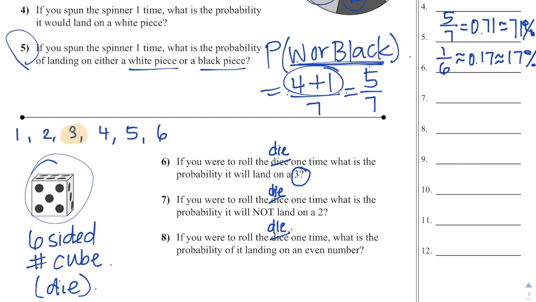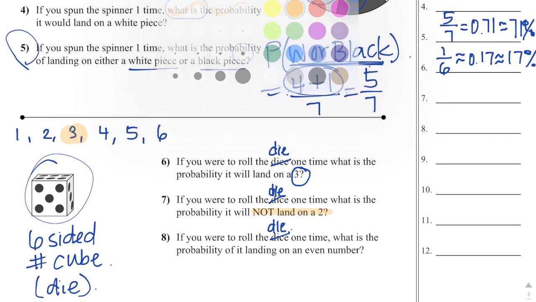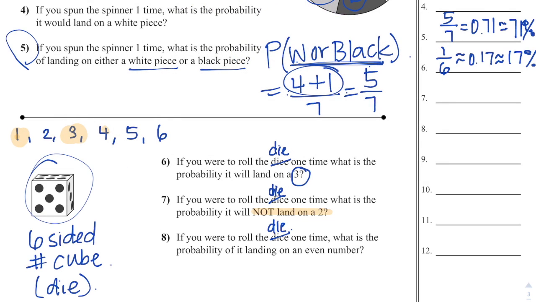Okay? All right. The next one has to do with a complementary event. So it wants you to figure out how much probability there is. What is the probability that it will not land on a 2? So what numbers are there that are not 2? Well, there's 1, 3, 4, 5, and 6, which gives us lots of opportunity to make numbers that are not 2.